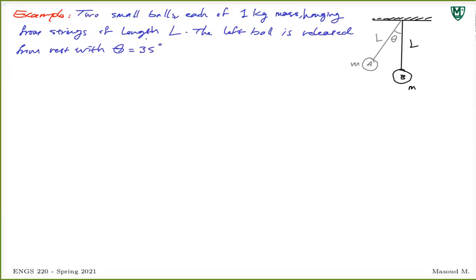So pull it all the way 35 degrees and then let it go. It comes down, it starts moving downward. At some point when theta is 0, it hits ball B, right? So there's an impact there, and then after that, well, whatever happens after the impact.